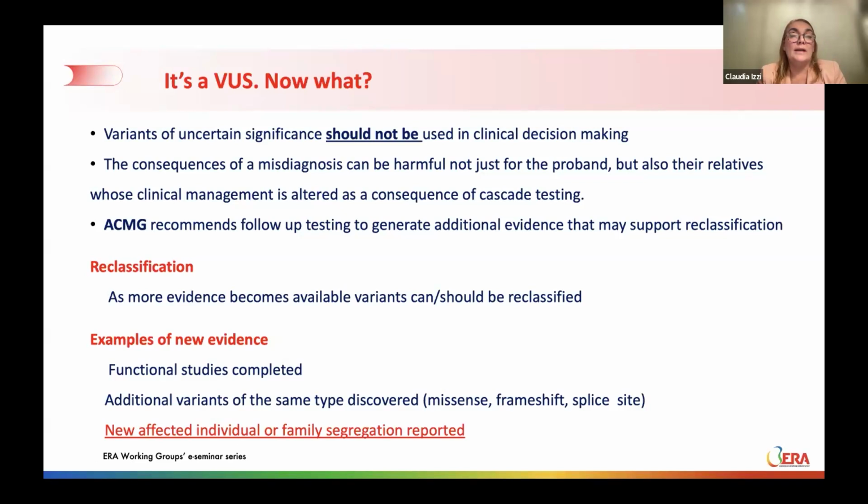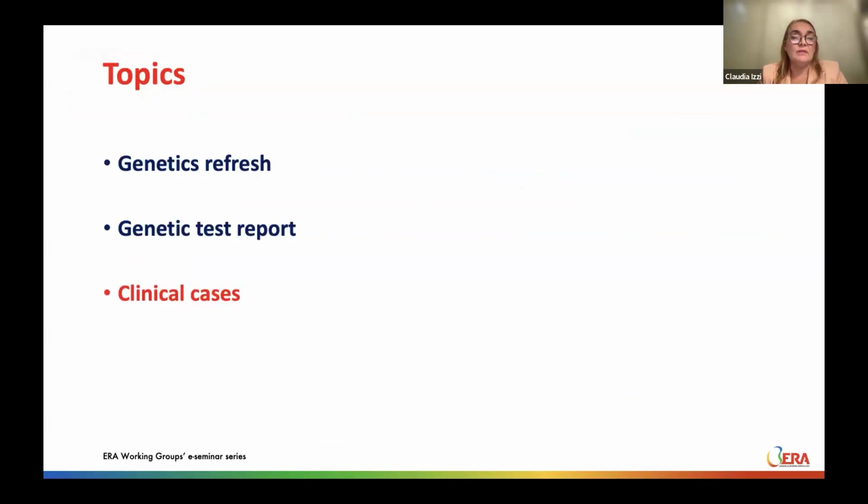And this is one of the ways we usually try to classify the variant in a clinical setting, testing other affected and unaffected patients in the family.